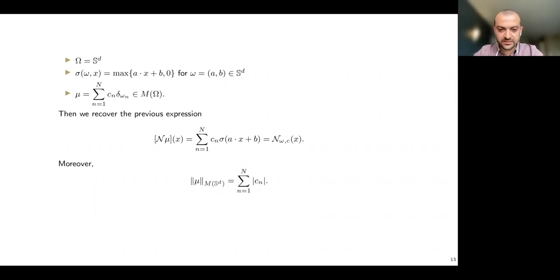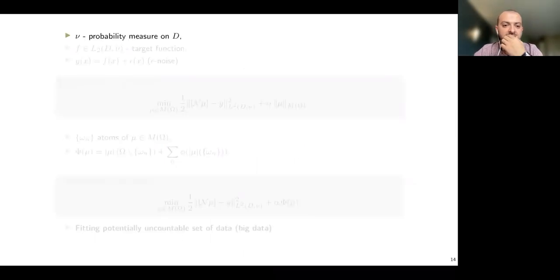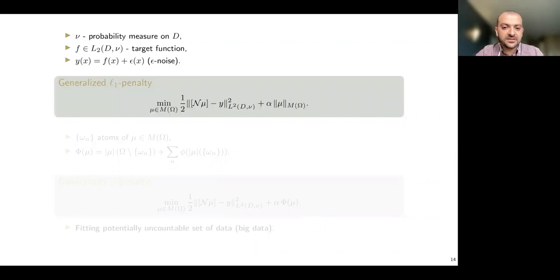Again, this is the integral neural networks, and the more general problem that we'll consider here: we'll assume we have a probability measure mu, and we have a target function f in L2(D, mu), and then our data has the form y(x) equal f(x) plus epsilon(x).